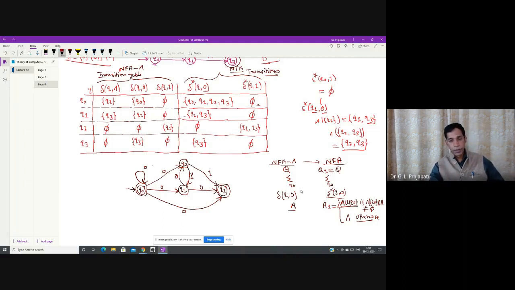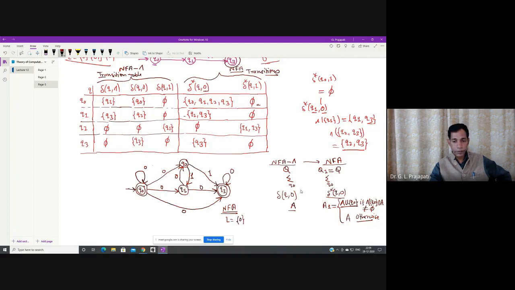Okay. Whenever you are at Q3 and your input is 0, then for the case of 0 you stay in Q3, and for the case of 1 this is empty. So this is the NFA you have obtained, which is accepting the same language accepted by the NFA null.